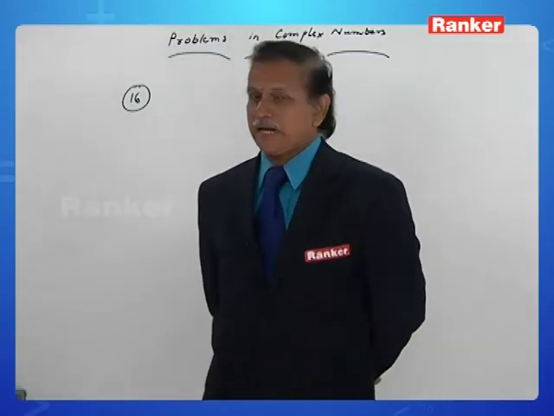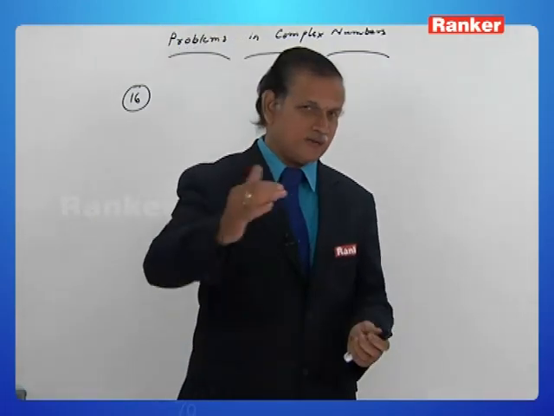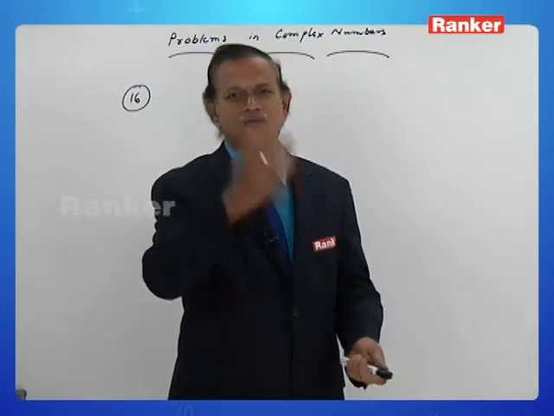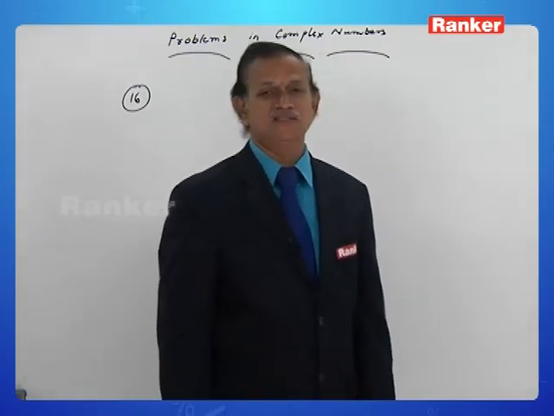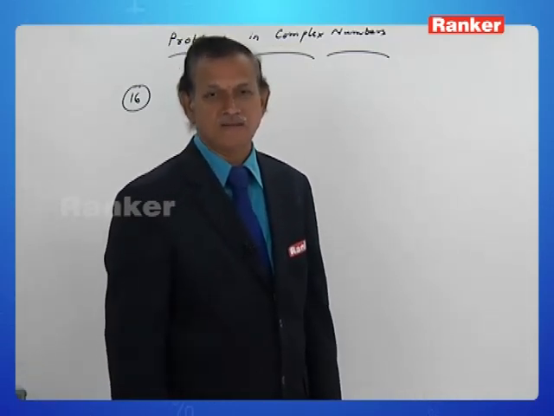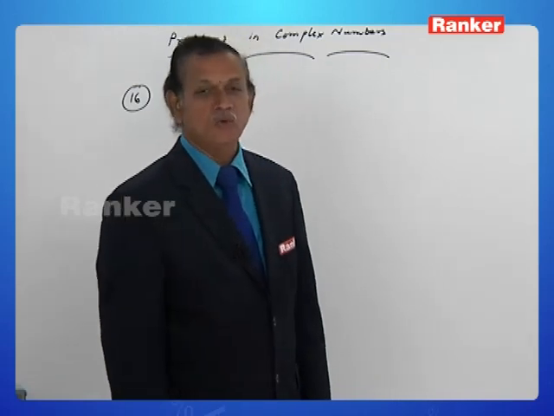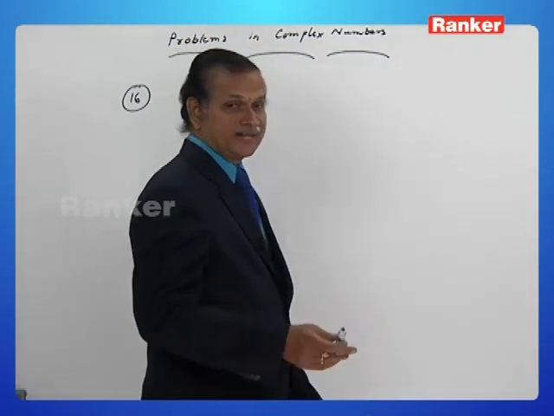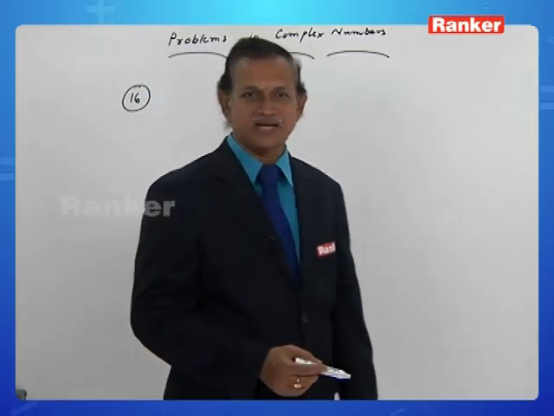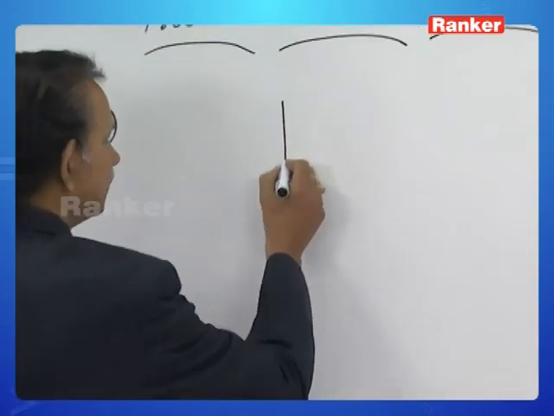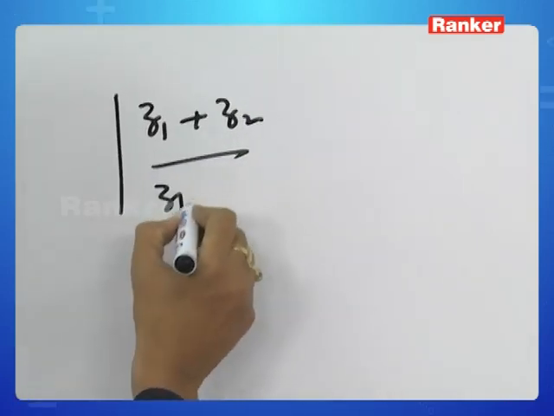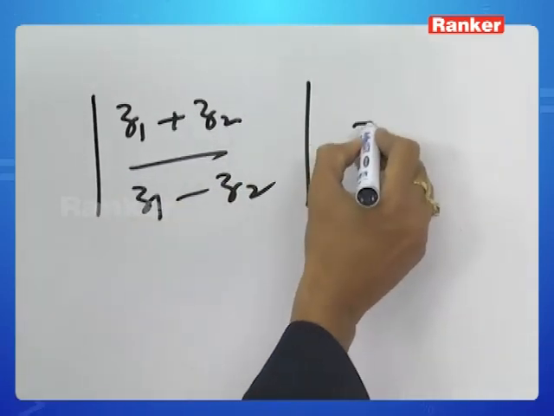One thing you have to understand here: he has asked us about z1 by z2. There itself we have to believe that z2 is a non-zero complex number, unless otherwise he would not ask about z1 by z2. Yes, of course, z2 is a non-zero complex number. Well, let us think of what the given condition is: modulus of (z1 plus z2) by (z1 minus z2) is equal to 1.